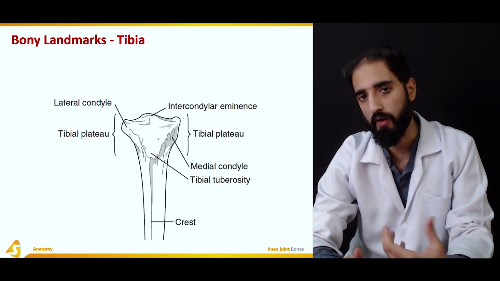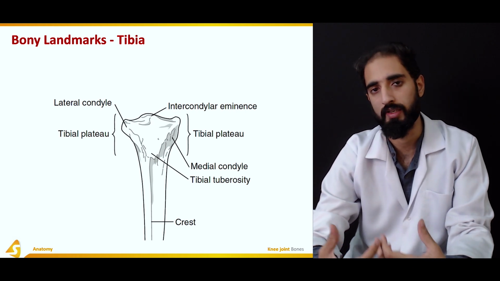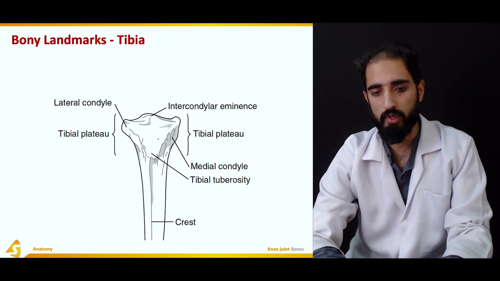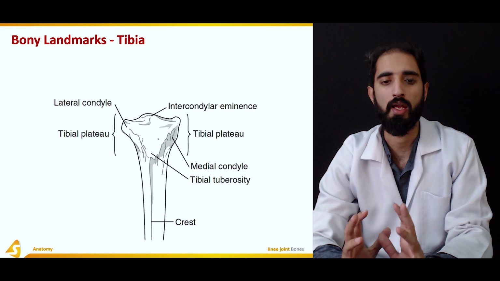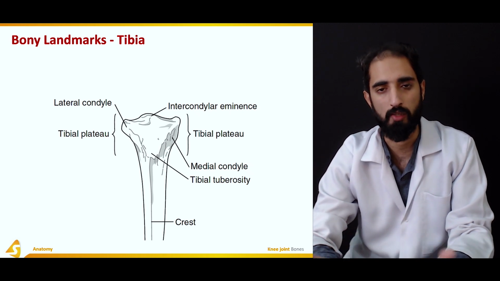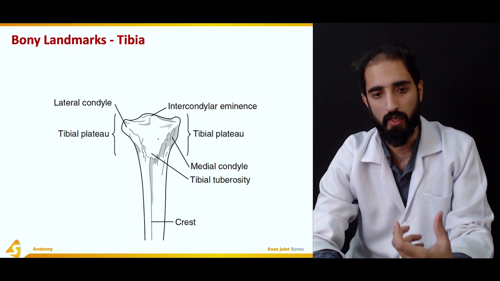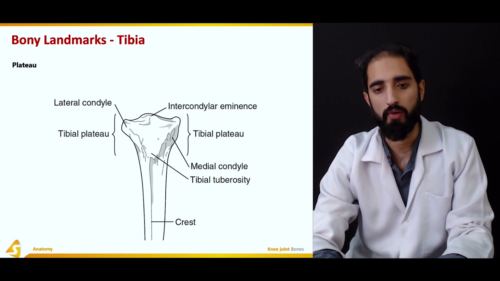And moving on after the femur in the tibiofemoral joint, the distal articulating partner, or the distal bony partner, is the tibia. So the proximal part of the tibia is the bony landmark which makes up the knee joint, and it articulates with the distal aspect of the femur. So first of all, we have a plateau.